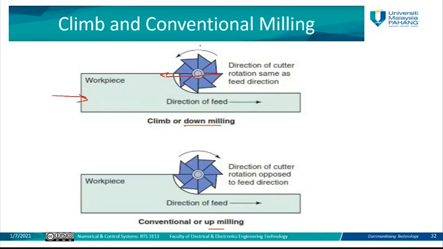As you can see here, the direction of the arrow this way and the direction of the arrow that way. Here you can see the direction of rotation of the spindle with the tool is the same direction as the movement of the workpiece, and here the direction of the spindle with the tool is opposite to the direction of movement of the workpiece.